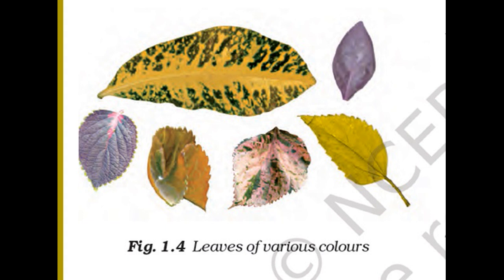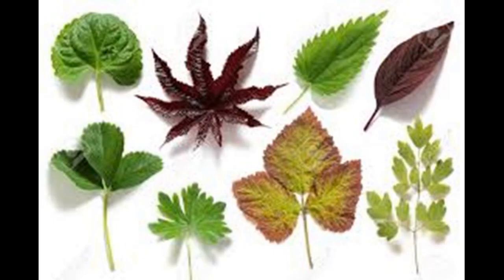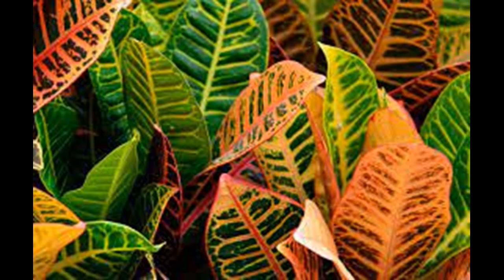That means the chlorophyll is still present in the leaves, but it is covered up with a different color, like red, brown and other pigments. See these kinds of leaves, there are different colors, and this does not indicate that chlorophyll is absent, but it is still present there and it can carry out photosynthesis also.